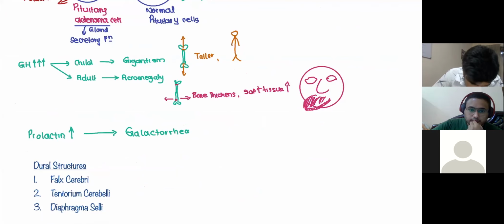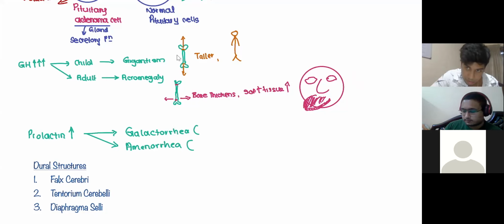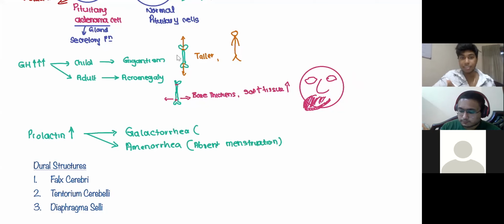Can someone tell me what galactorrhea is and what amenorrhea is? Amenorrhea is abnormal absence of menstruation. And galactorrhea is milky discharge from the nipple. Yes, exactly. It's a milky discharge.